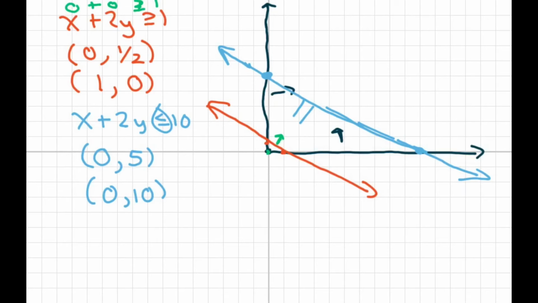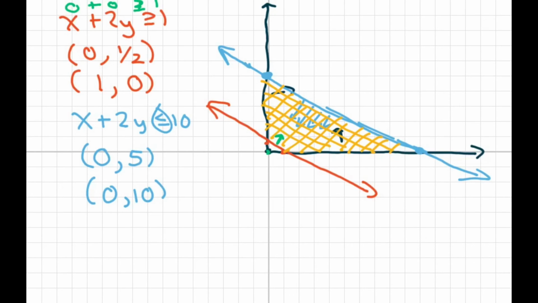So we're shading downward and left. So that means this area in here where I put the arrows is where we're going to shade. And you can just do a crosshatch type thing, or you can color the whole thing in. I'll just crosshatch it here. And that is your area.